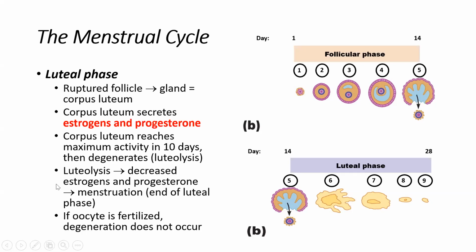That is what happens if the oocyte is not fertilized. If the oocyte is fertilized, then the regression of the corpus luteum does not occur, and it sticks around producing the hormones that are important for maintaining the initial part of implantation and the initial part of pregnancy.